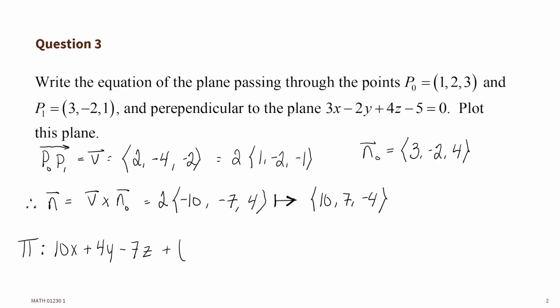It doesn't matter. I'm going to use P naught. Negative 10, minus 14, it's minus 7 times 2, minus negative 4 times 3 is equal to 0.